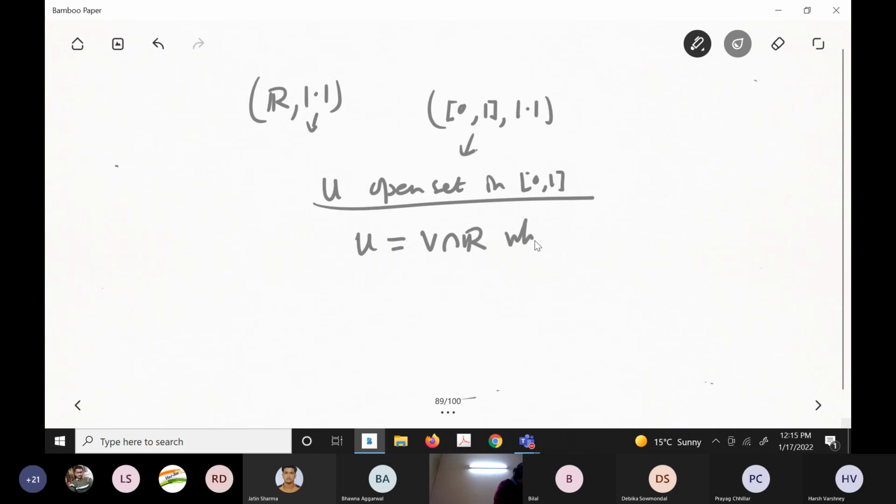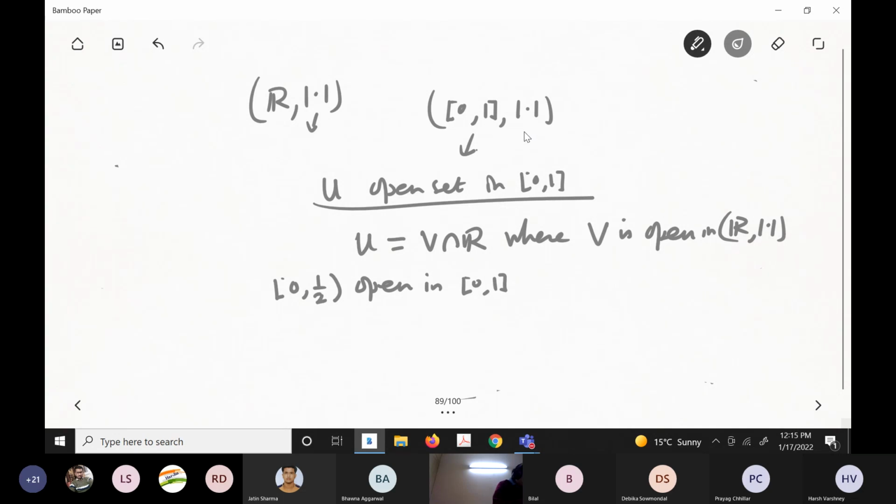Where V is open in R. With this metric, it is actually restricted to [0, 1].